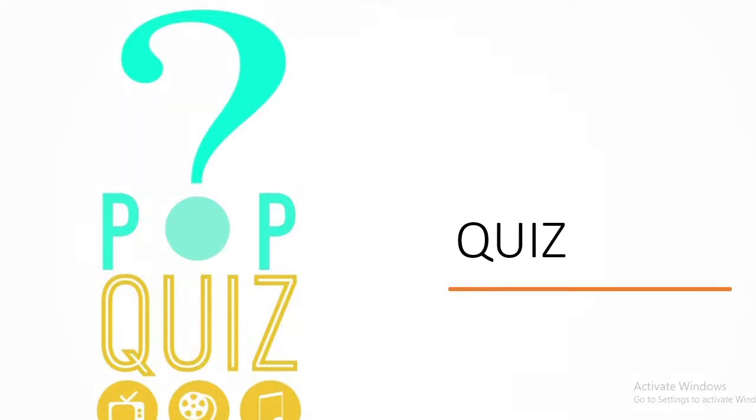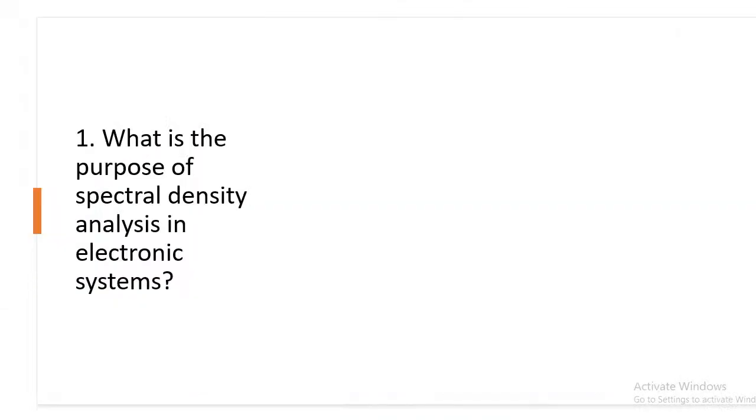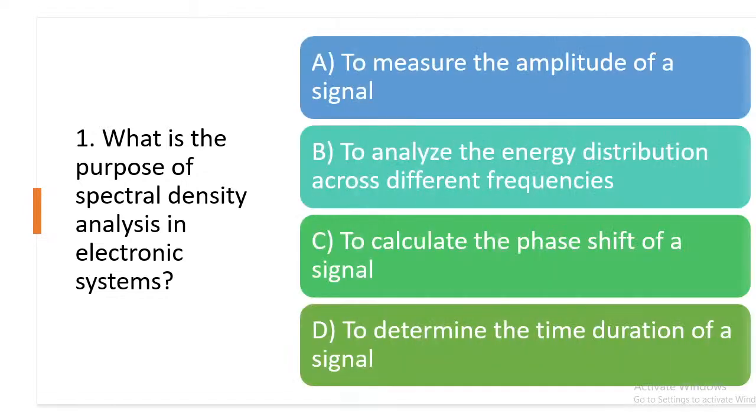Now we'll have a quiz to find out what you have understood. So what is the purpose of spectral density analysis in the electronic system? This is the question. Next.